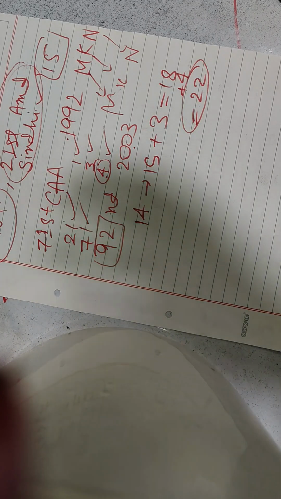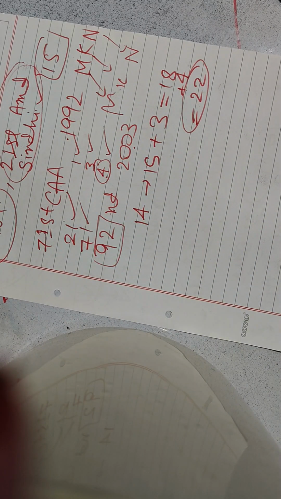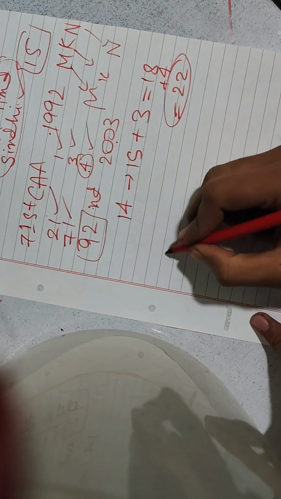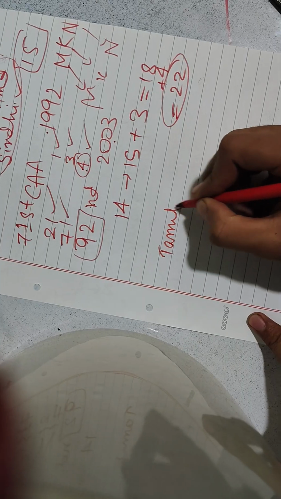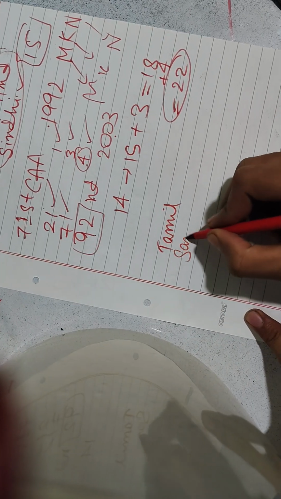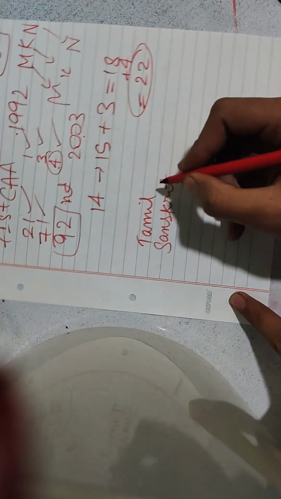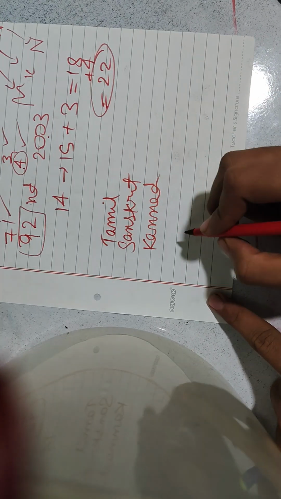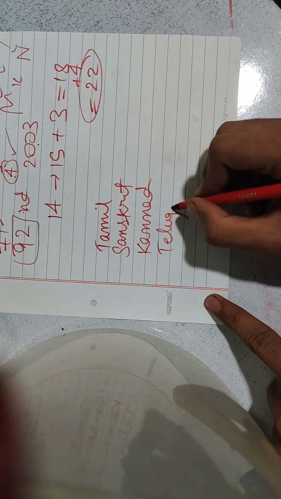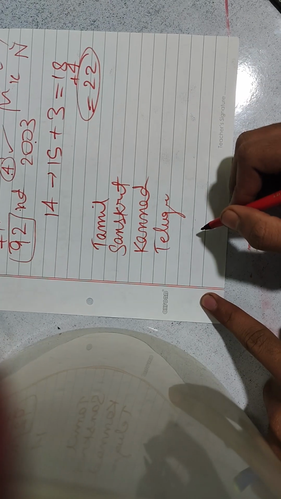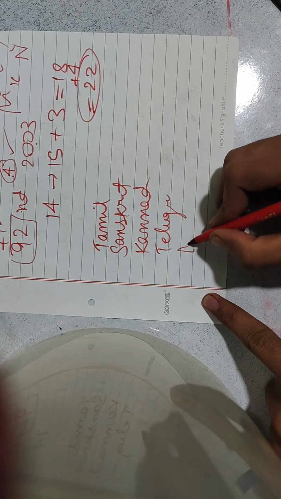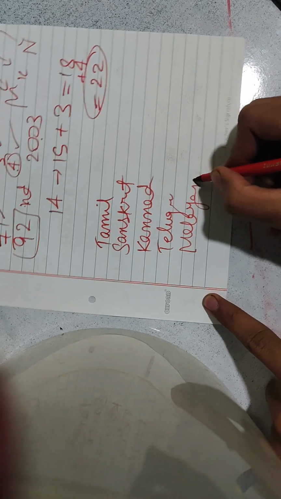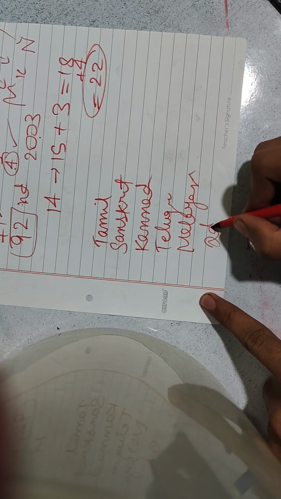Now there are 6 classical languages also. They are Tamil, Sanskrit, Kannada, Telugu, Malayalam, Odia.